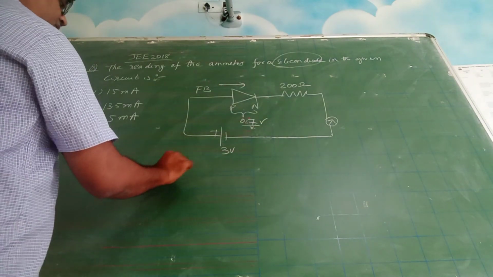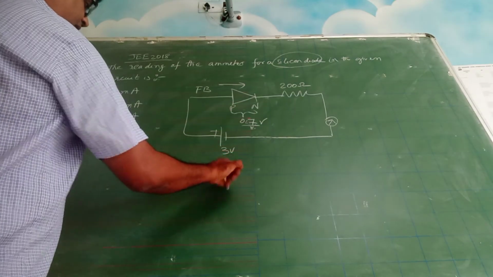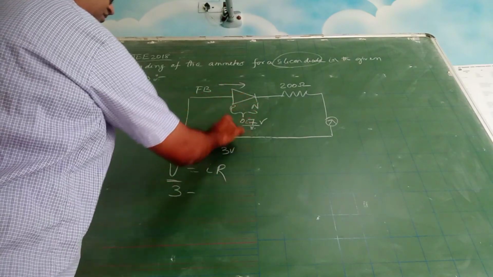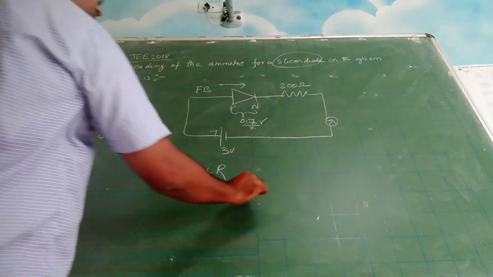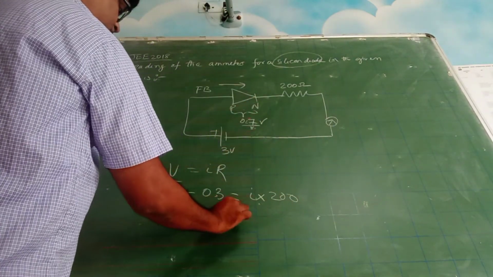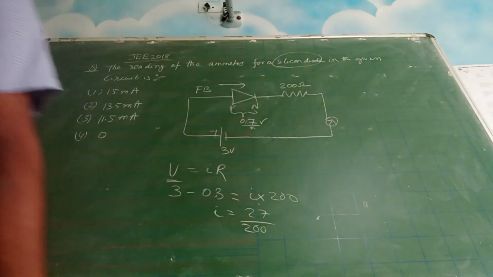So you need to calculate the current now. So V is equal to IR. What is V here? 3 minus, there is a drop here, 0.3 is equal to I multiplied by resistance. So it is 2.7 divided by 200.